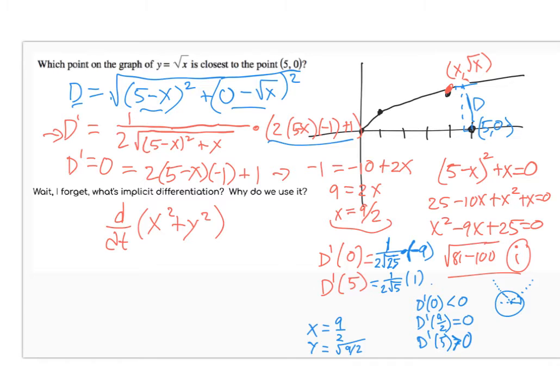So this would be something like 2x for the derivative of x squared multiplied by the derivative of x with respect to t, which we could call x prime. Today I'm going to use dx dt. And then same thing for the y. We've got 2y, and then I'm going to say dy dt. I could also say y prime if I'd like.